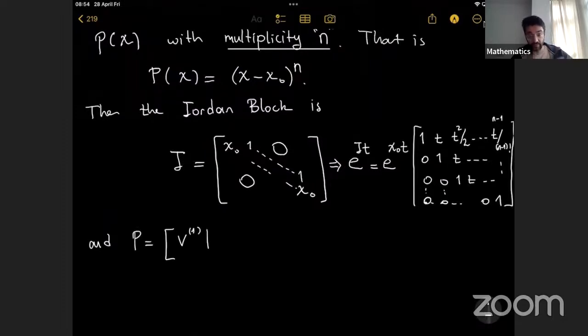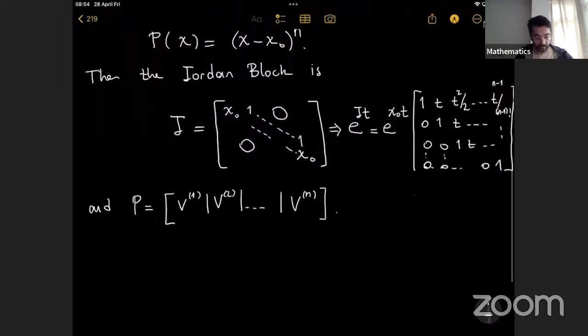The columns are column vectors: the first one, for instance, is an eigenvector, and the rest are generalized eigenvectors. And with P, the fundamental matrix gives the solution, right?